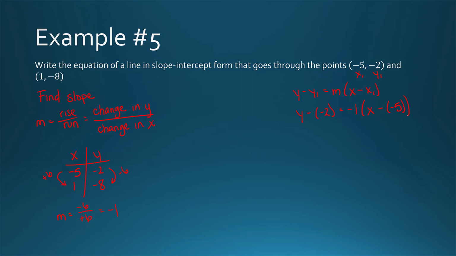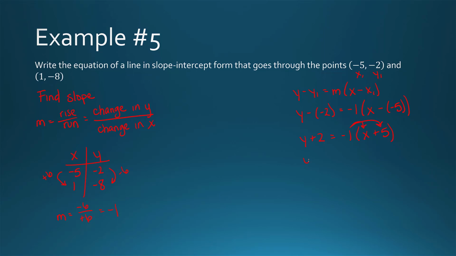So first thing, I'm going to go through and take all these double negatives and make them positive just to clean this up a little bit. So my left side is y plus 2, and my right side is still negative 1, and then it becomes x plus 5 in those parentheses. And now I can go ahead and distribute this negative 1 on the front.